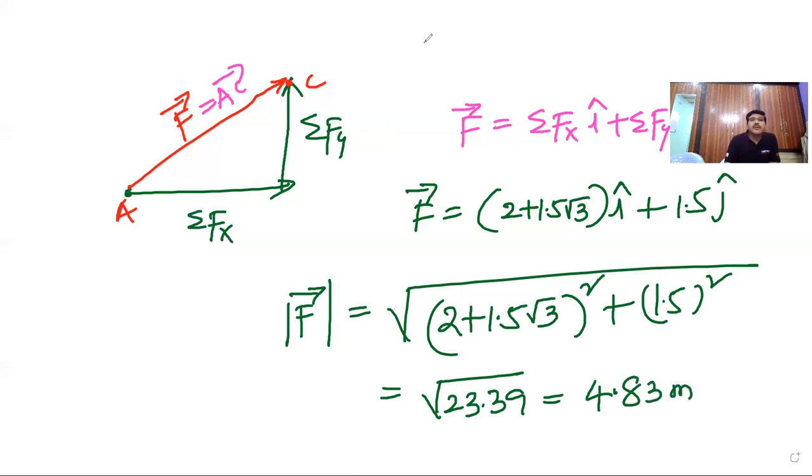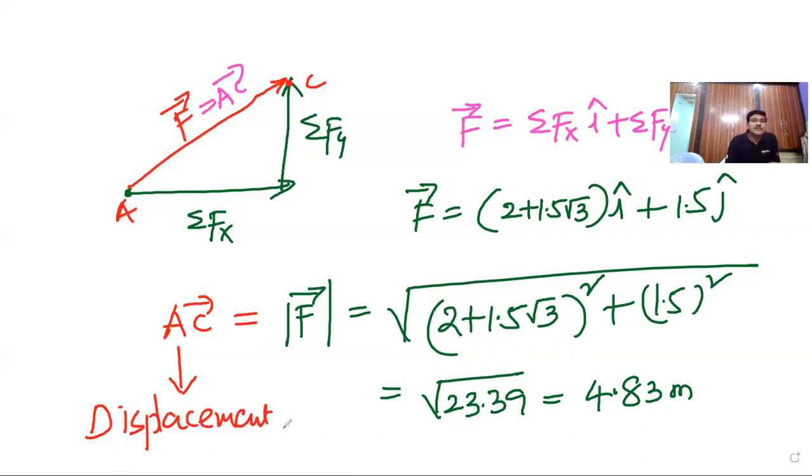This is the magnitude, nothing but AC bar, the displacement vector. Direction is always from where to where? From A to C, from the initial point to the final point.